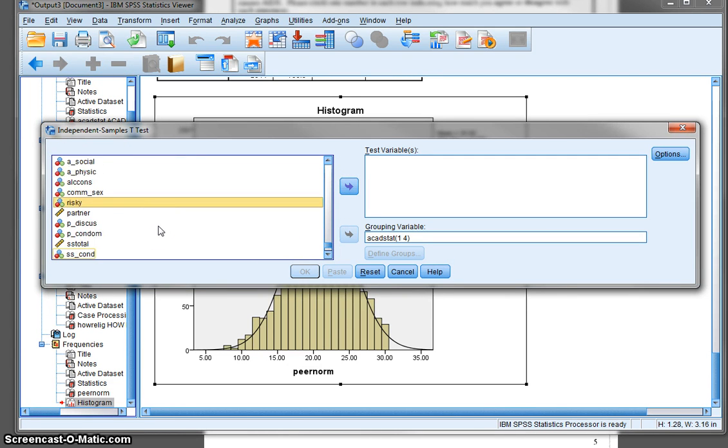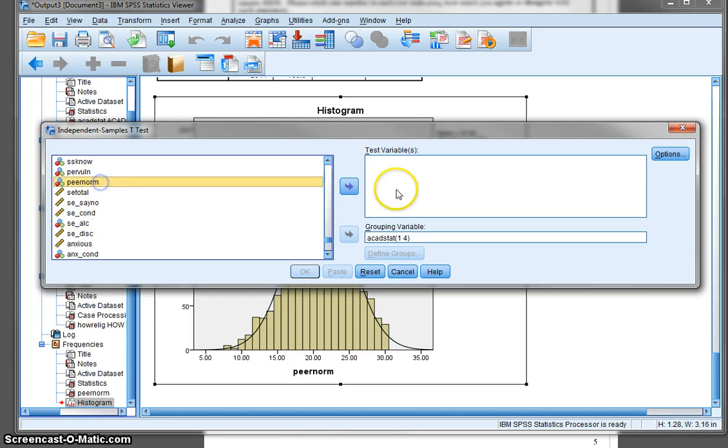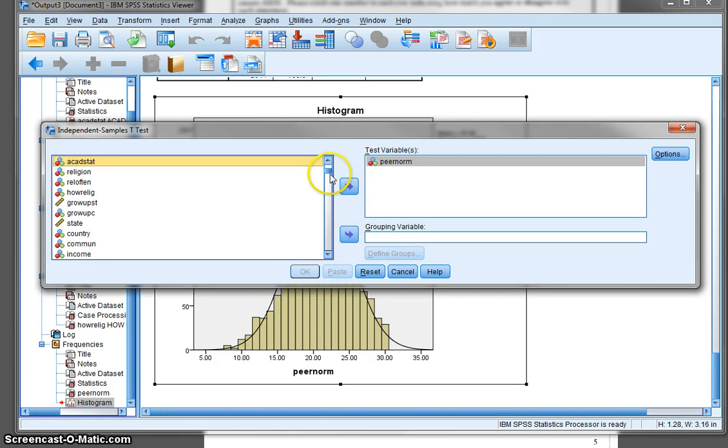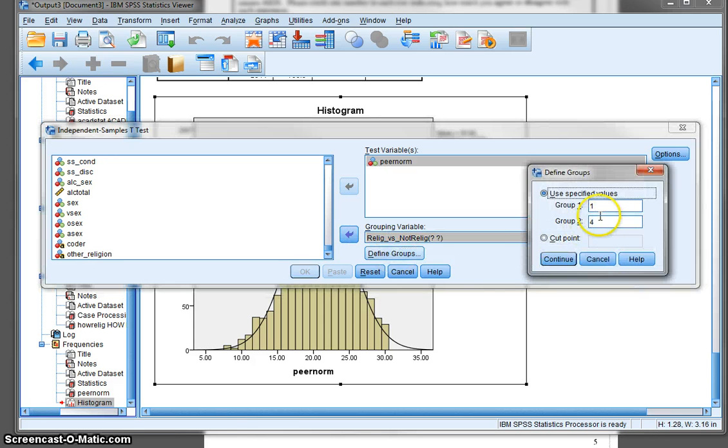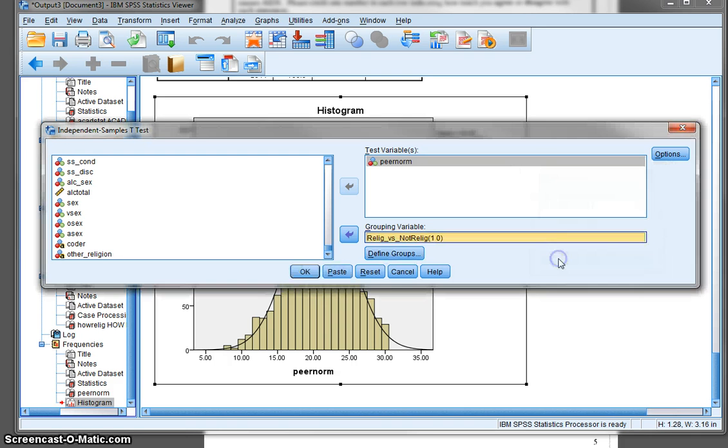I'm going to go to my peer norms. Now I'm going to get rid of academic status, and I'm going to come down here to religious versus not religious. I'm going to define my groups again as 1 and 0. Remember, I could do 0 and 1. It's really just going to change the order of the test in the numerator of the t-test. I'm going to continue. Okay, here we go. Hold on to your hats.